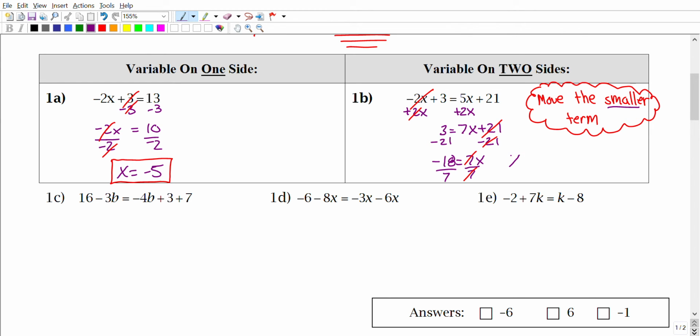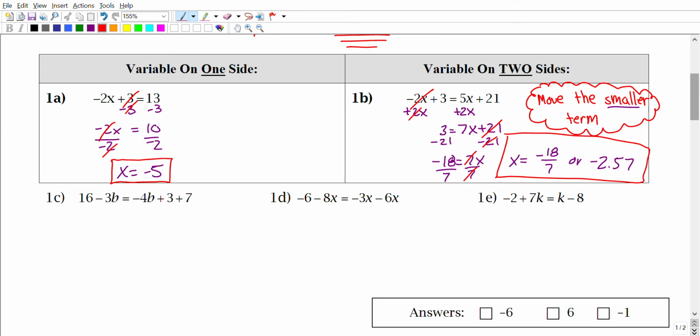And I get x equals negative 18 over 7. Or if you typed it into your calculator, you should get negative 2.57. Either of those two answers is acceptable at this point because they did not specify if they want it in fraction or decimal form.